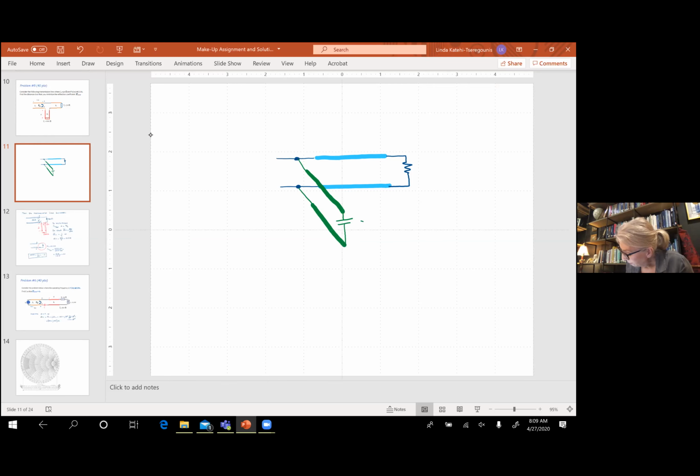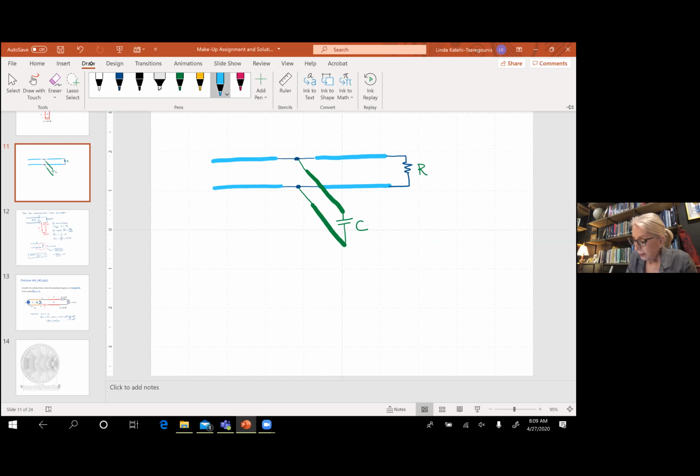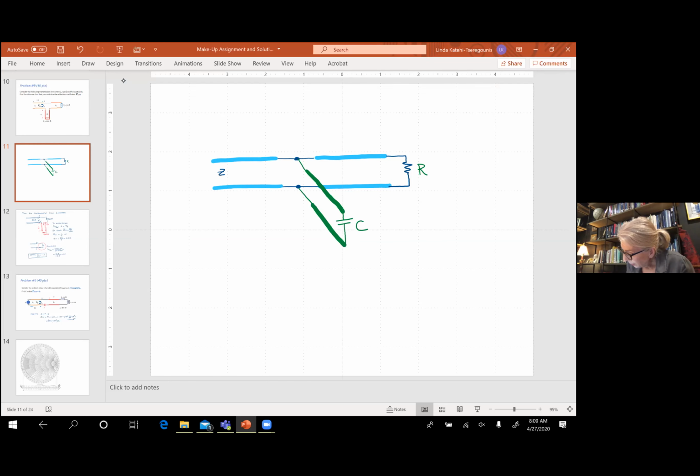And C, and this is R. And now let me assume that this is Z naught, and Z naught. So all of them have the same characteristic impedance.